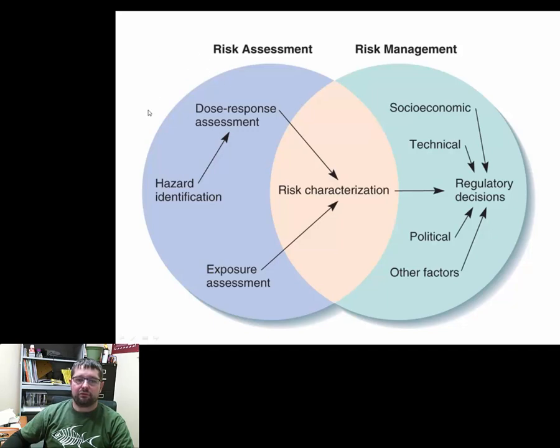It has to do with the hazard that you've identified. So has the hazard even been identified? The dosage, do you know the dosage? How much are you being exposed to it? This will allow you to categorize the risk and take that risk into account, whether you're going to expose yourself to that or not.